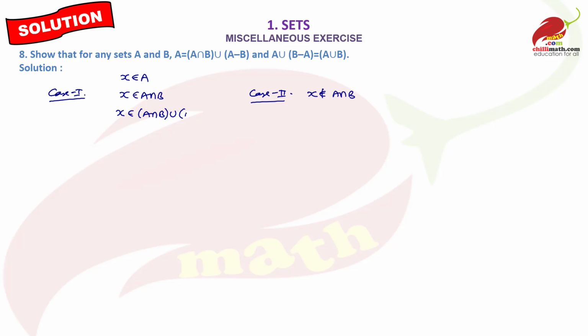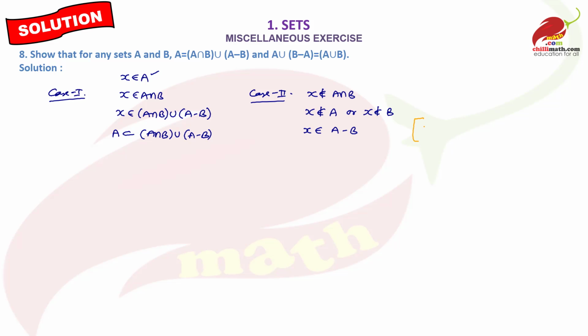In this case, we are adding only A minus B. x belongs to A and x belongs to A intersection B union A minus B. So therefore A is a subset of A intersection B union A minus B. If x does not belong to A intersection B, that means x does not belong to A or x does not belong to B. This is not possible because x is belonging to A. So if x belongs to A and x does not belong to B, that means x belongs to A minus B.